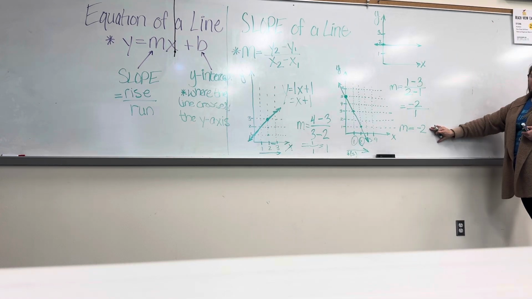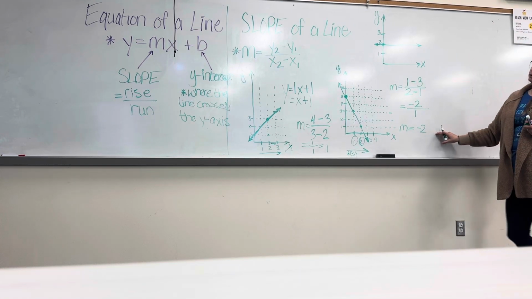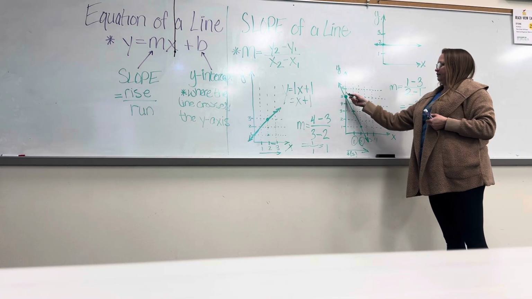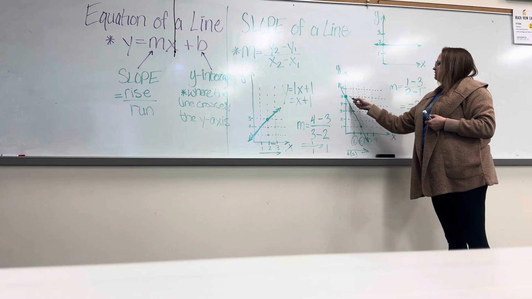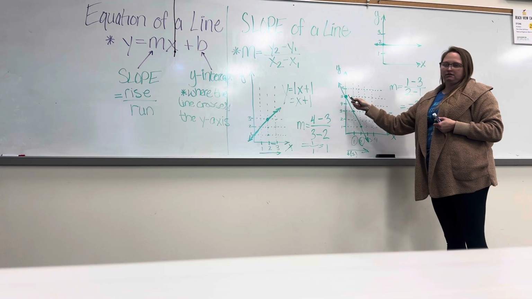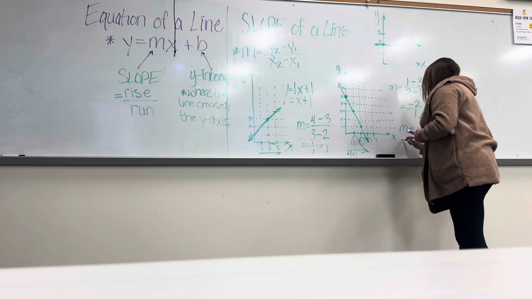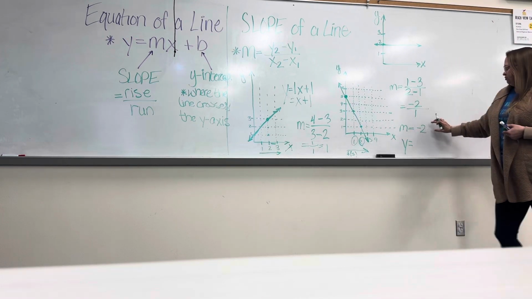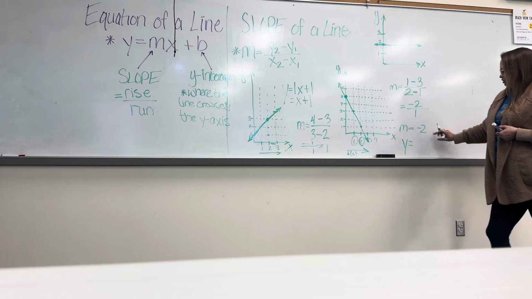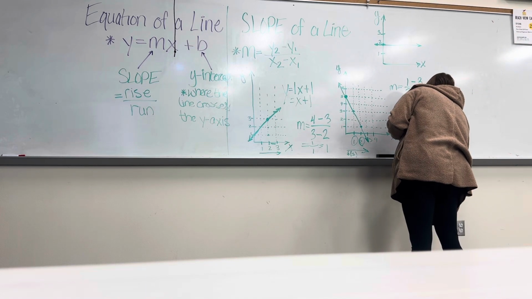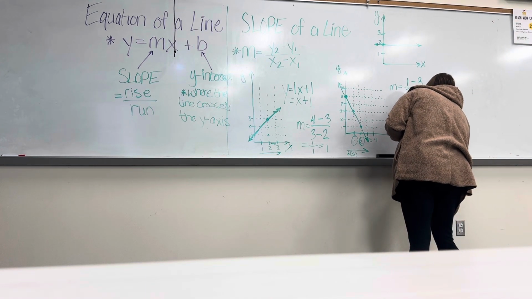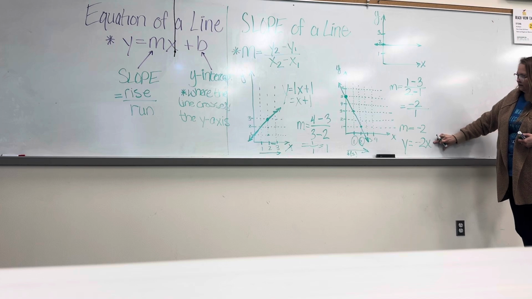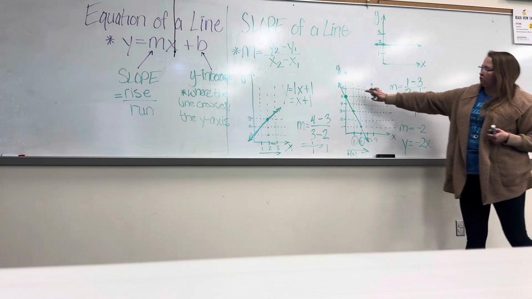When you go to write the equation of the line, you can see here that your y-intercept is positive 5. So your equation of the line is going to be y equals your slope, negative 2, x, plus your y-intercept.